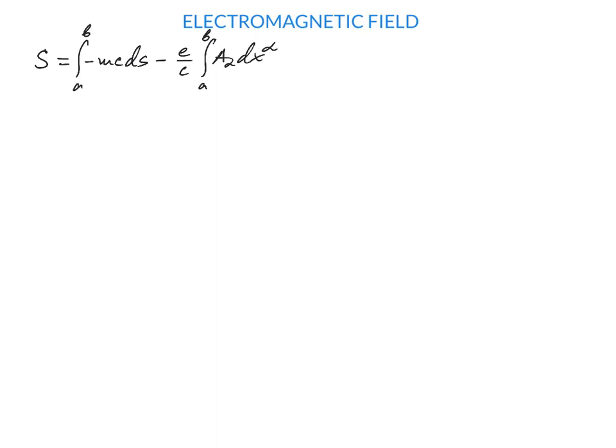We varied this action, and this gave us the Lorentz force. The correct form, which strongly suggests that these components of the four-vector potential are actually the scalar and vector potentials of electrodynamics. So this is quite encouraging.